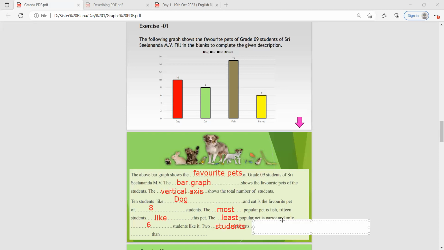cats. Then 2 students, I will just erase, otherwise I'm not in a position to see the next part here, right? We'll see 2 students like cats more than parrots.